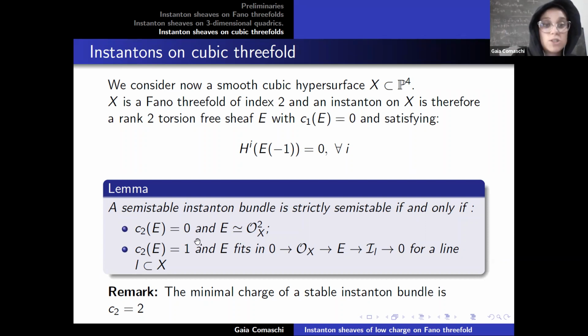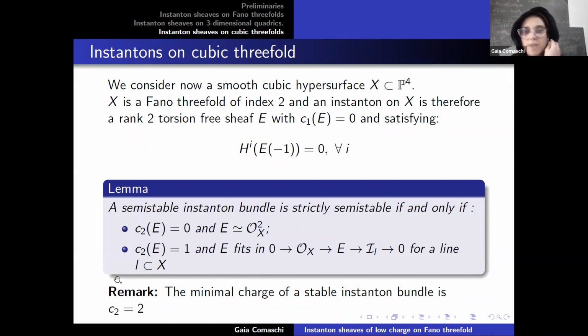Either we have the trivial bundle, so the case of charge equal to 0, or the case of charge equal to 1, in which E always admits a global section and this global section vanishes along a line on X. So this global section is what prevents our sheaf E from being stable, because it is what destabilizes E, and E therefore always arises from an extension of the ideal sheaf of a line, that is a rank 1 instanton on X, by the structure sheaf of X.